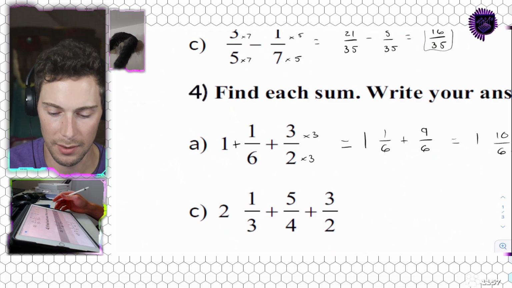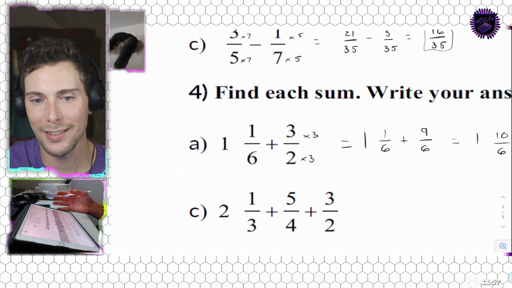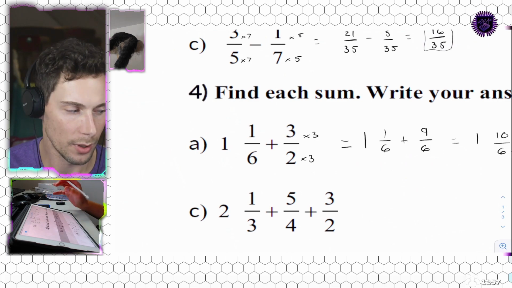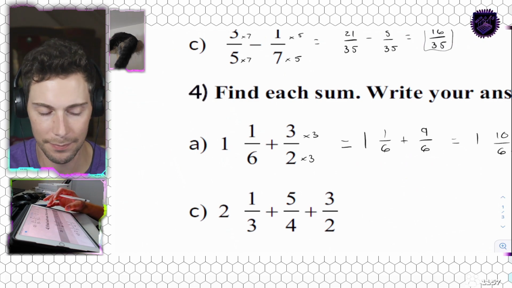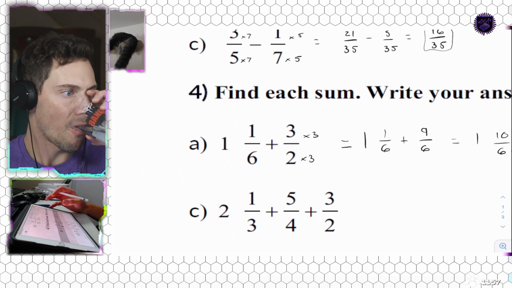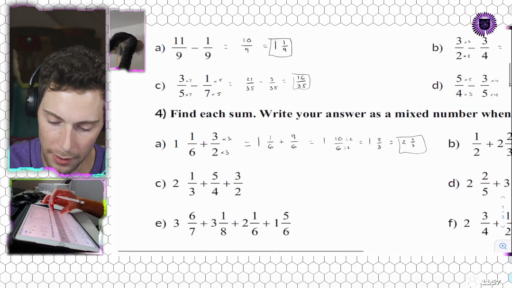I just find that simpler. It saves me steps. When you're subtracting, then I have to change it into an improper fraction, but not when I'm adding. It saves a step there. All right, next one.